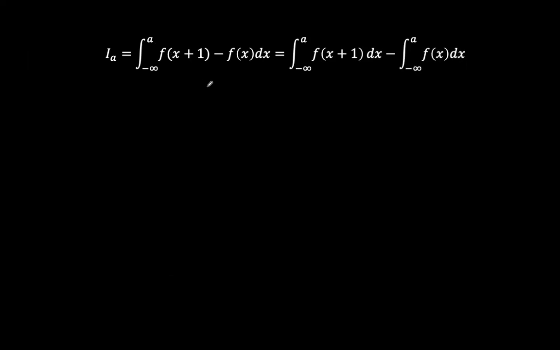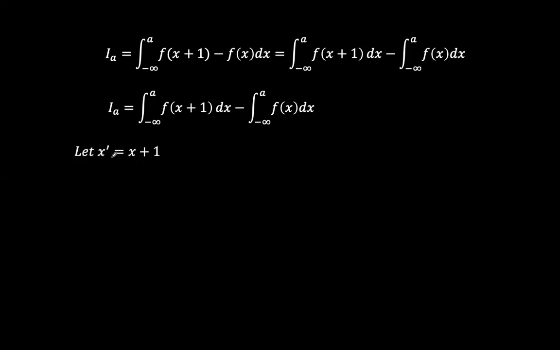And what that means is that the integral I_a, which is the integral from x equals negative infinity to a, becomes the integral of f(x+1) minus the integral of f(x).